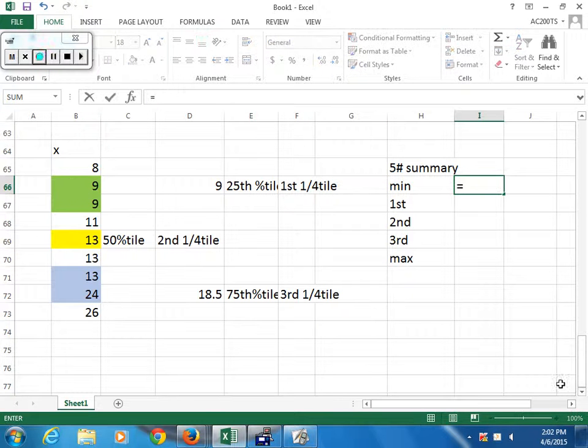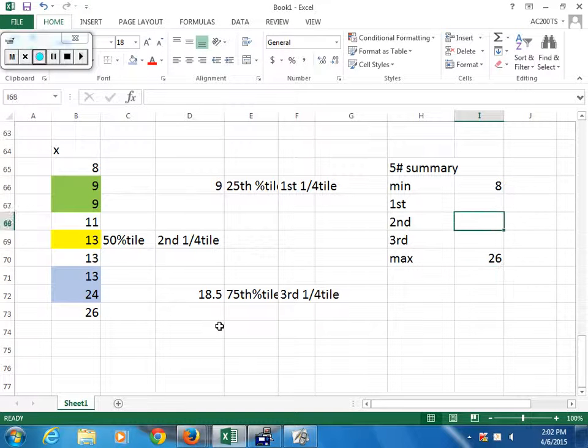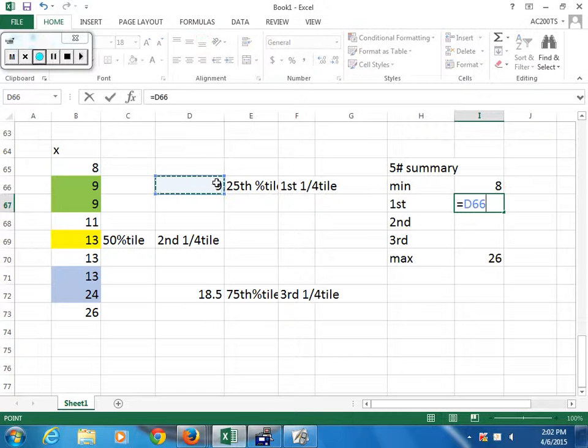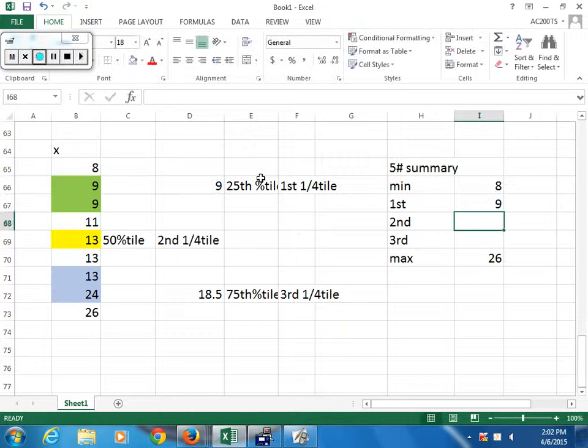What's the min? 8. It's your lowest number. What's the max? The highest number. And that's equal to 9. That's equal to 13. And that's equal to 18.5. And there is your 5-number summary.